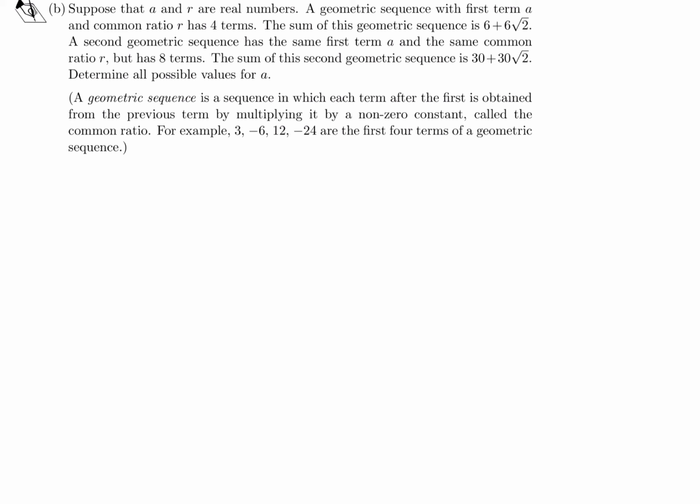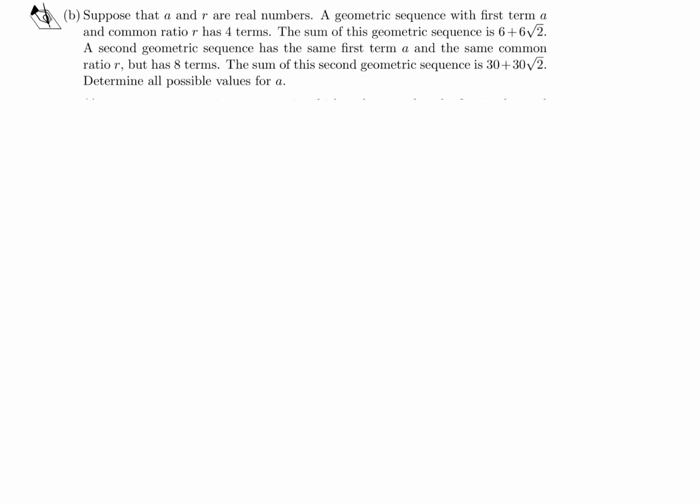All right, so we have a sequence that is defined as geometric, so it's of this form: a, ar, ar squared, ar cubed, and so on, right? So we are told it has 4 terms, so those are the 4 terms. And they're saying that when you add it all up, it has a sum of 6 plus 6 root 2.